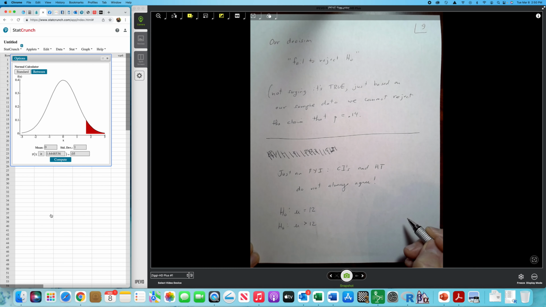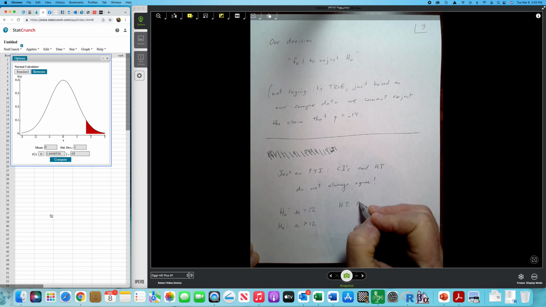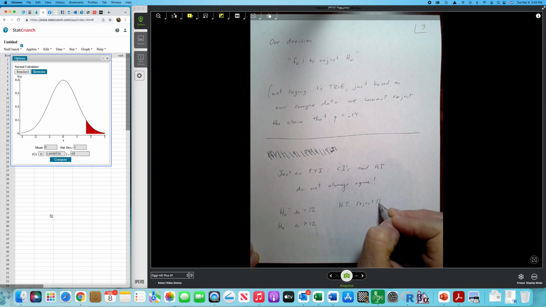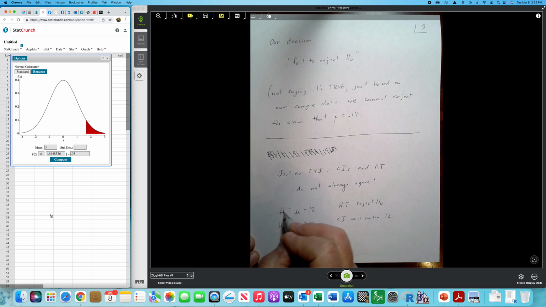I have seen many situations where the hypothesis test will reject H sub 0, but our confidence interval will contain 12. Well, those two things are contradictory, right? Hypothesis testing rejecting H sub 0 says that mu greater than 12 is more believable. But our confidence interval contains 12, which says we should reject that.